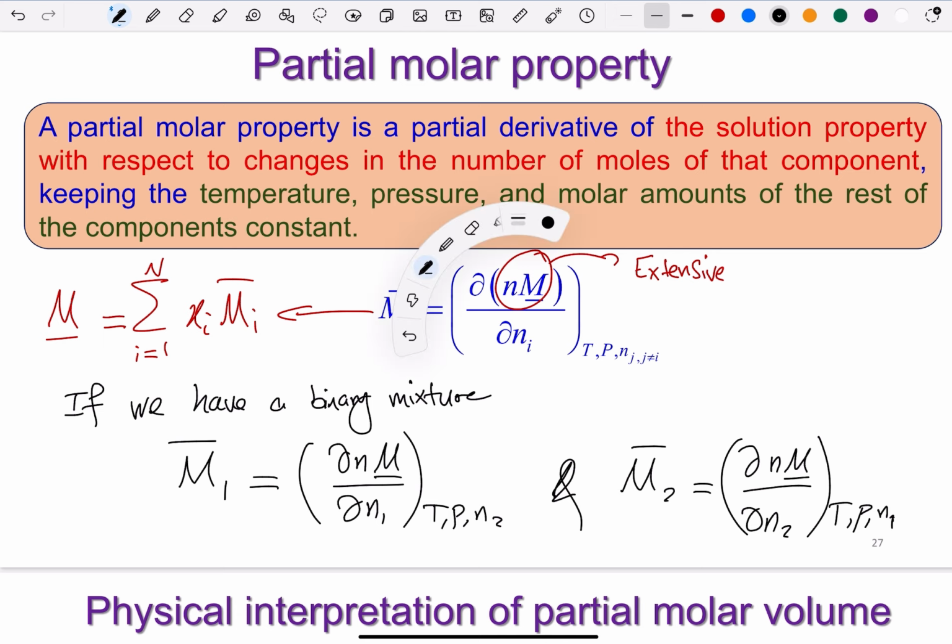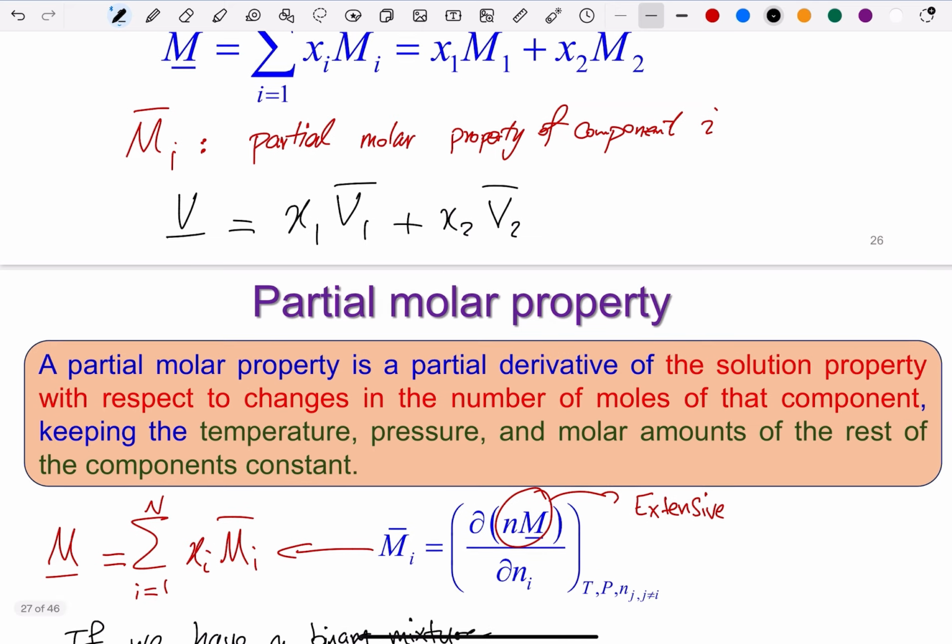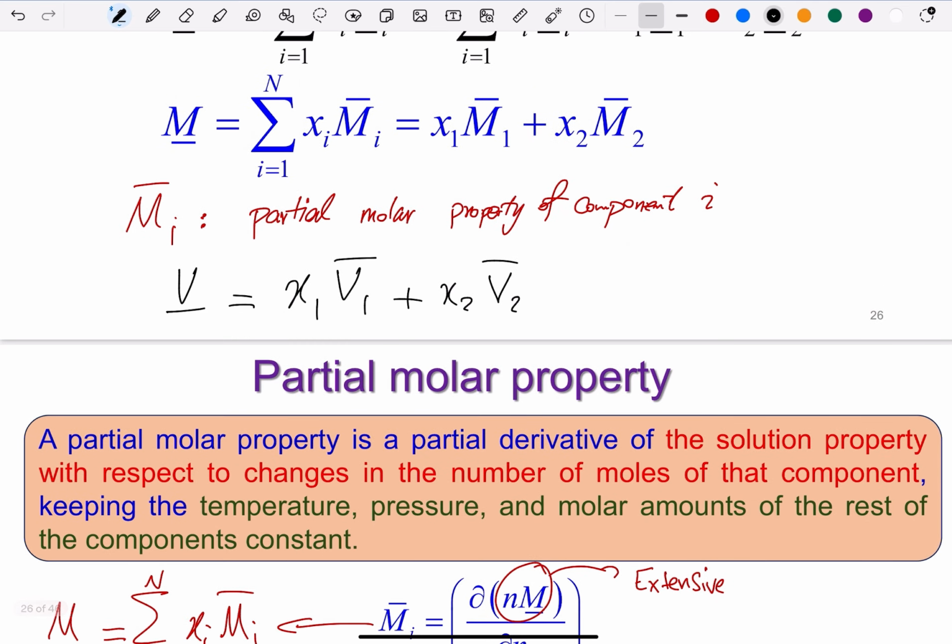What do they mean? Physical interpretation. So any idea what is the physical interpretation of partial molar properties? Let's say I had the volume. If I go back to this volume example, it tells me that the volume of my mixture is going to be the mole fraction of component 1 times some molar volume plus mole fraction of component 2 times some molar volume of component 2.